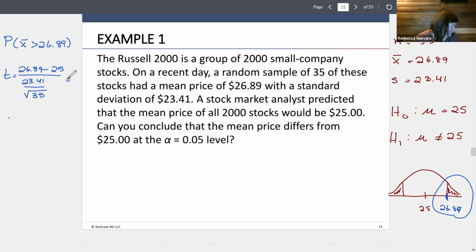Be careful to include the square root there. This is going to be 0.48. Just remember there is rounding involved here, so when I do this the other way, we might get slightly different answers. What I'm really looking for is the probability that T is greater than 0.48.